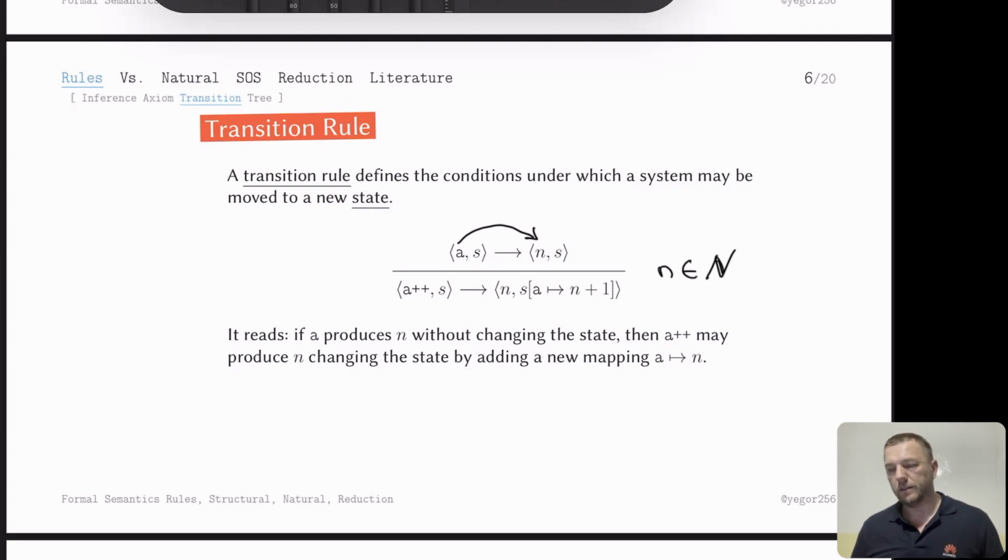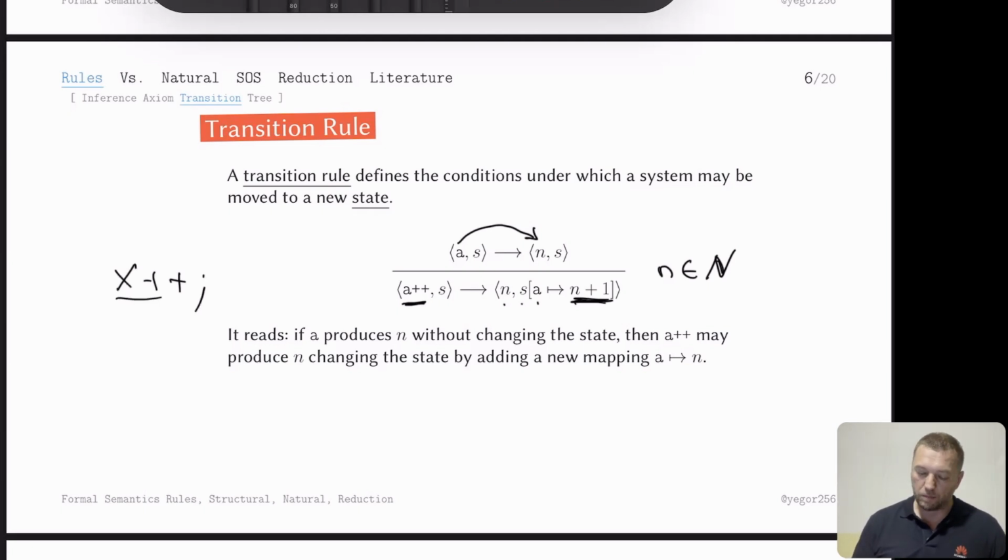If from the letter a we can make n, and let's say n is the natural number, then if this is possible, then if we see a plus plus, we can transfer it to also n, but the state will change. Inside the state we will save the new value by the name a, and the value will be n plus 1. This is exactly how the x++ operator works in C++.